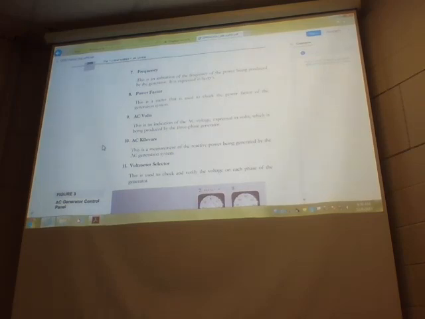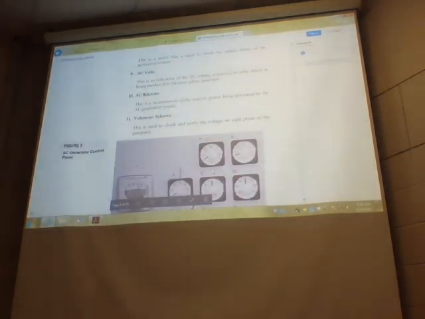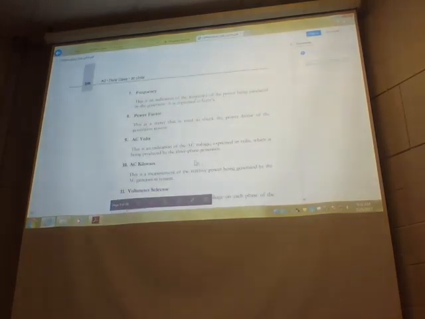Power factor is a meter that's used to check the power factor of the generation system, so that ideally you want 90% or better power factor. Poor power factor puts pressure on the generation system.